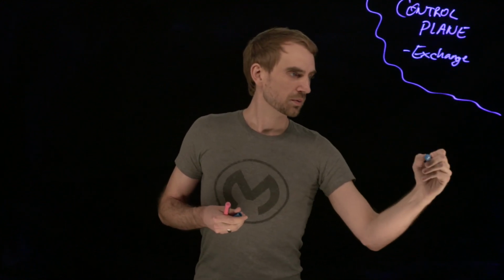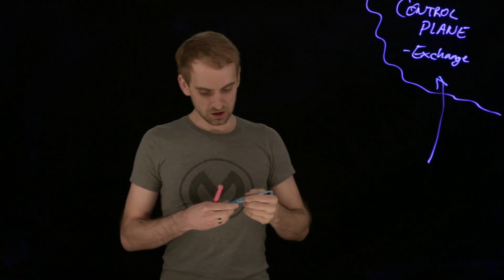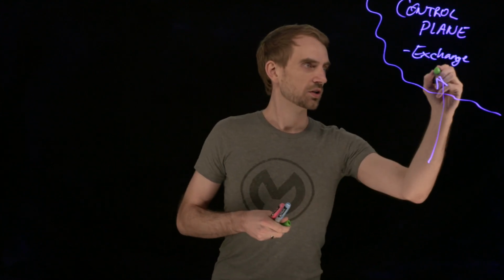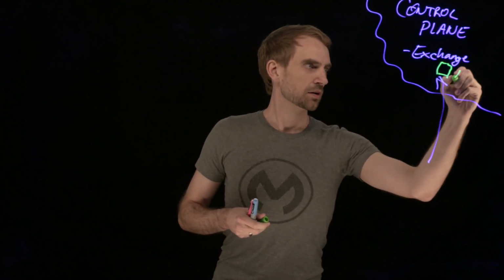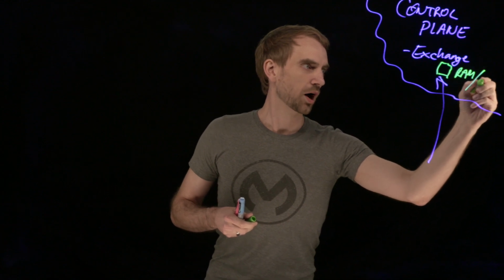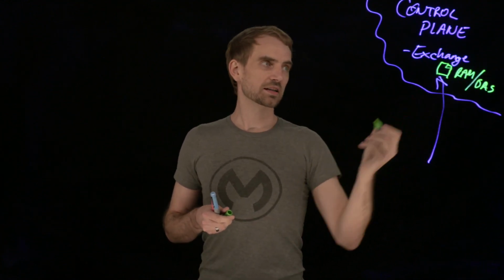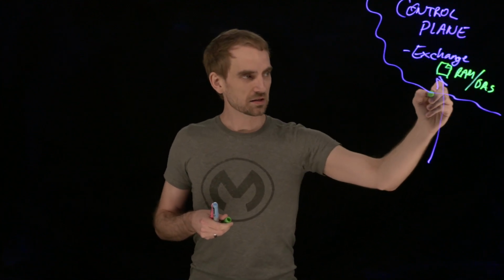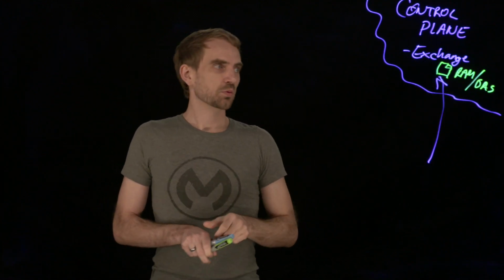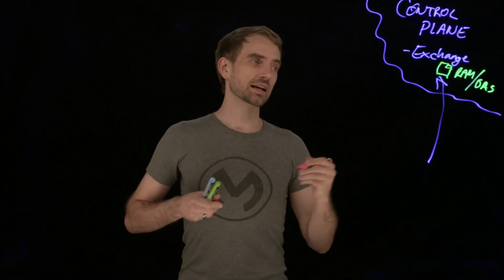So you publish your assets into Exchange and you'll have your RAML or OAS. That will be published into Exchange, and then there is a mechanism in the background which will generate a REST Connect connector.